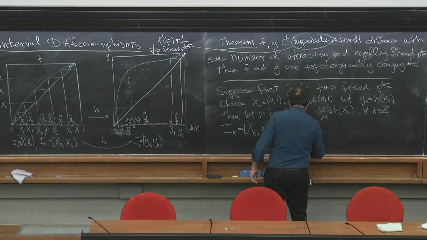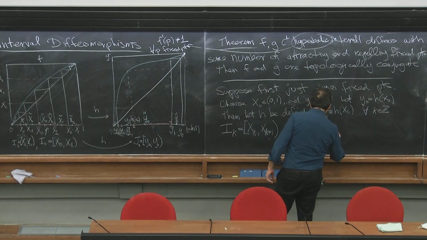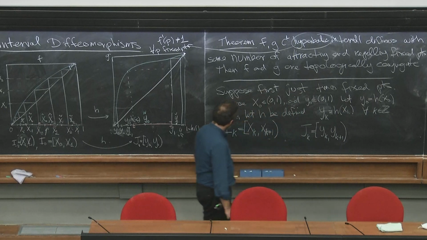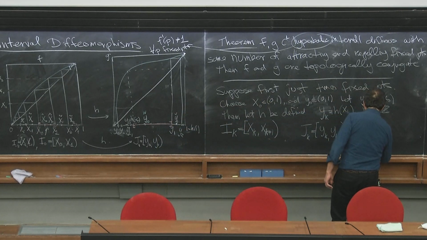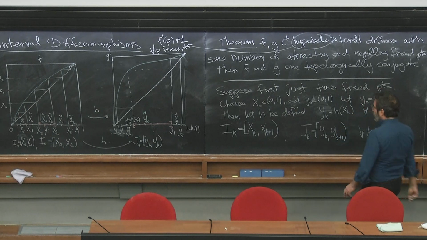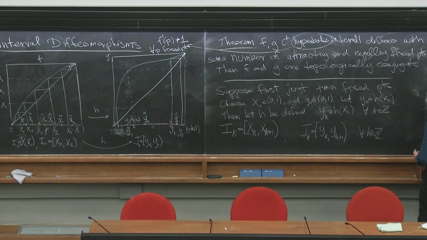And then we have Jk equal to yk to yk plus 1, for k in Z. Now, what can you tell me about the union over k in Z of Ik?